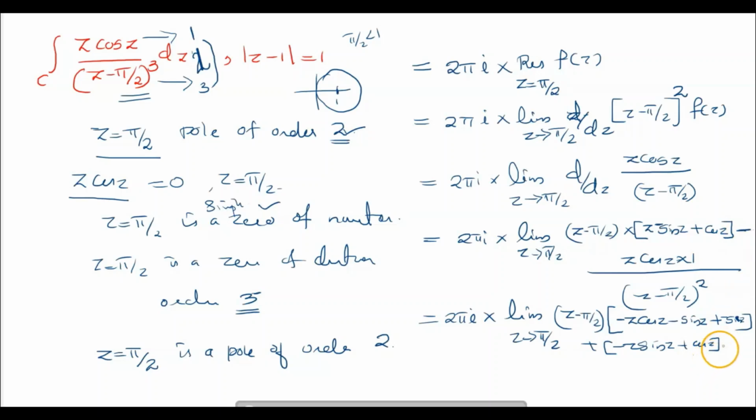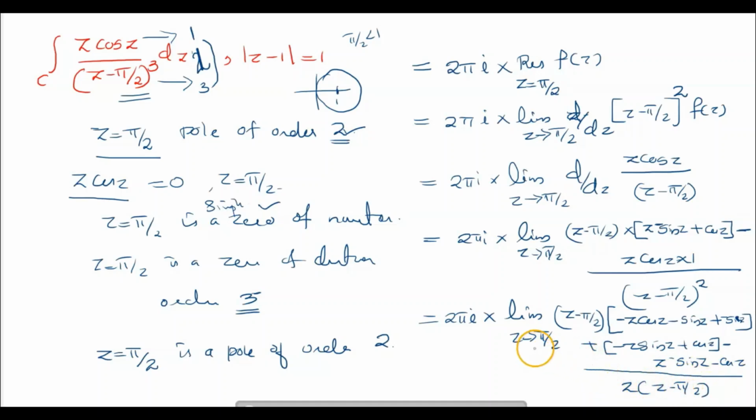Now minus of the remaining numerator, minus z cos z, whose derivative is minus z cos z derivative minus sin z, minus cos z into 1. This minus is common. And the denominator is 2 into (z minus pi by 2).